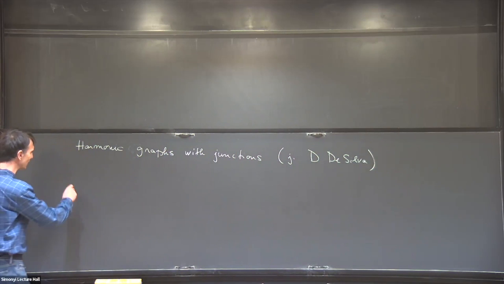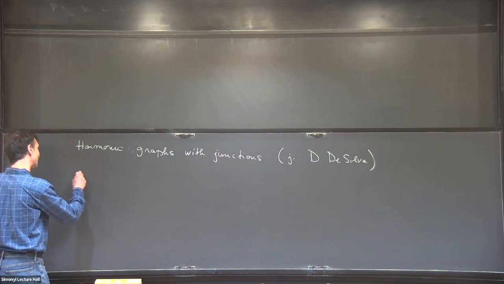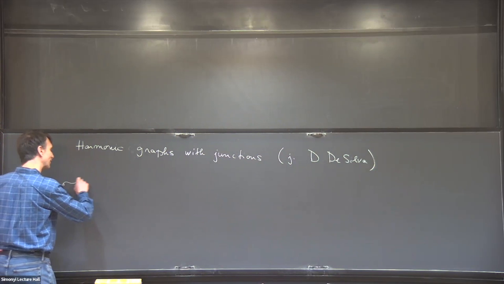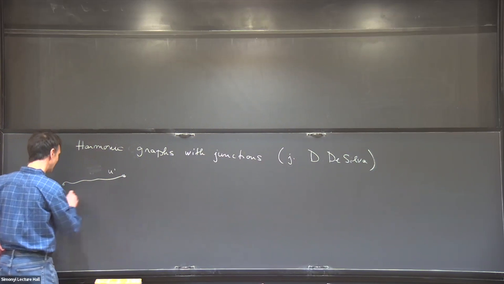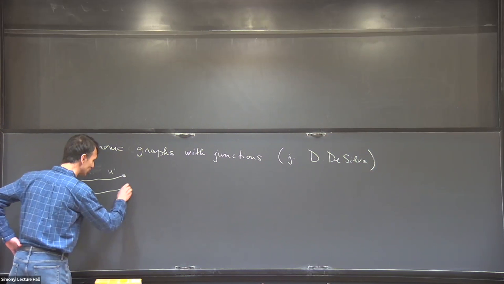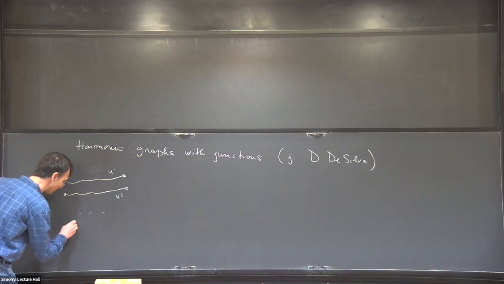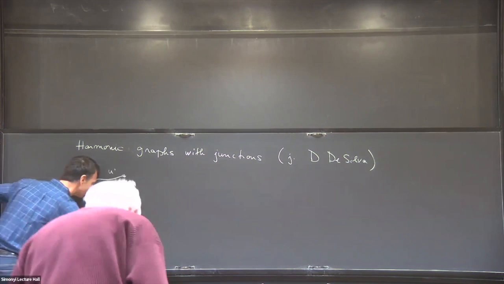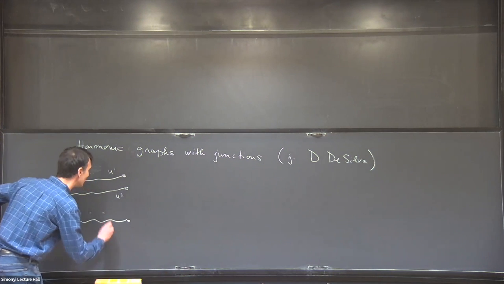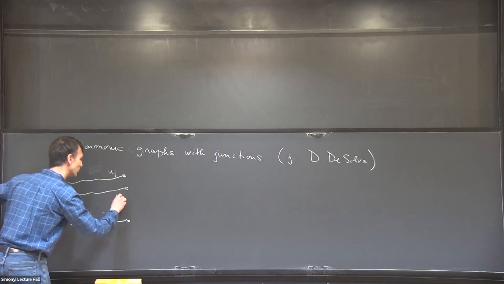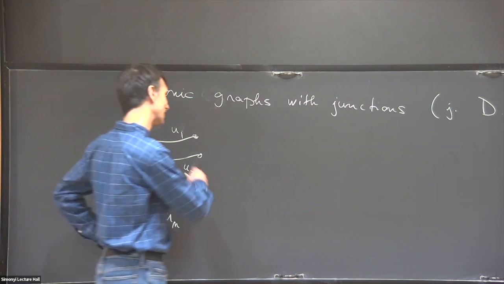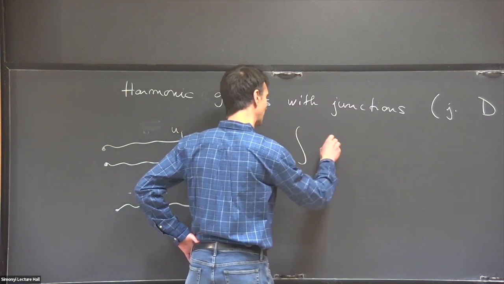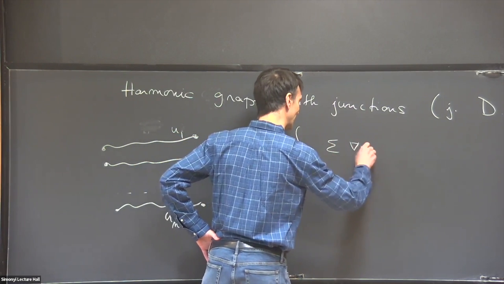Okay, so the model would be like this. We have first n harmonic functions. I draw here the graphs, U1, and they are ordered, U2, and so on, UN. From an energy point of view, this configuration just minimizes the sum of the gradient of Ui squared.